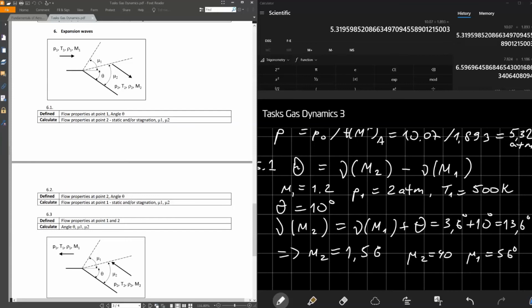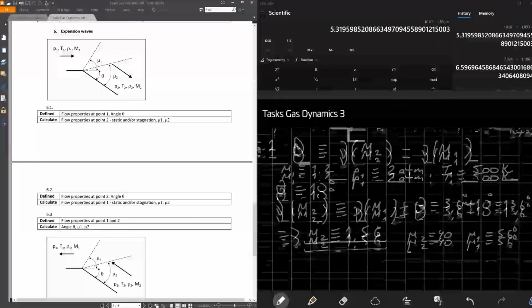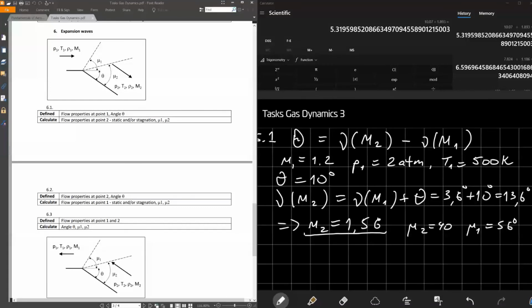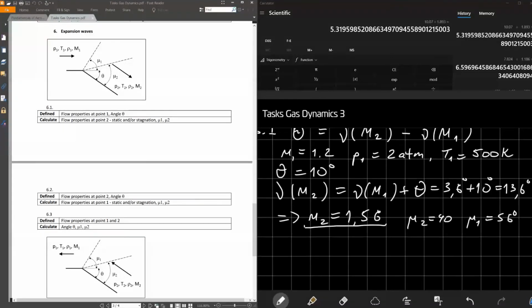Okay, Mach number at point 2 I have found, and now just pressure and temperature. They can be found in the same way as we did our previous calculations. I will just write you the formula, but probably just calculate the pressure, but temperature is absolutely the same algorithm.